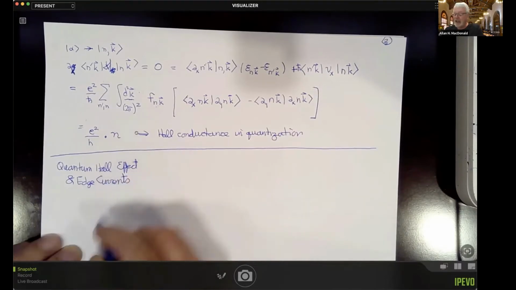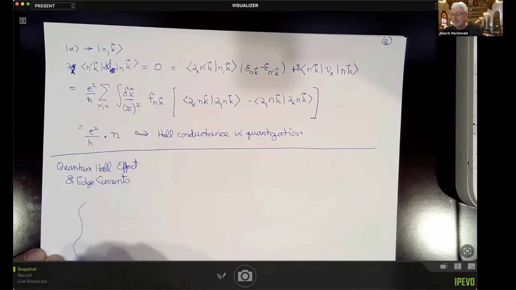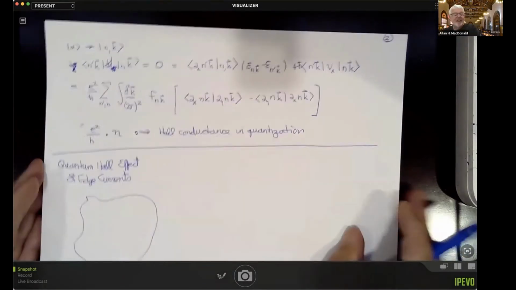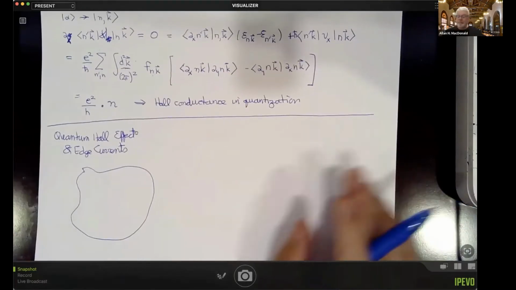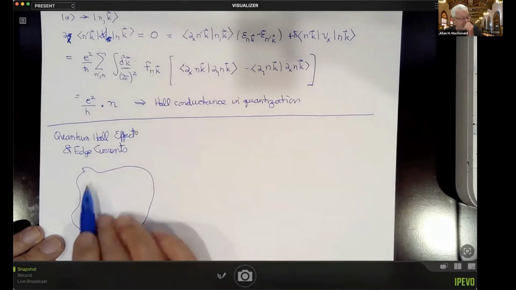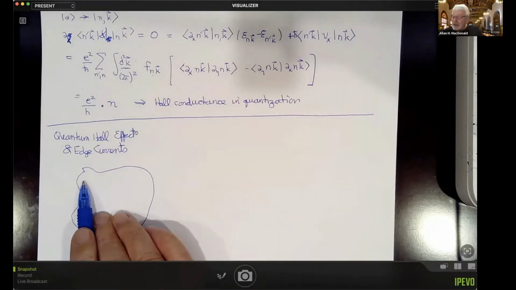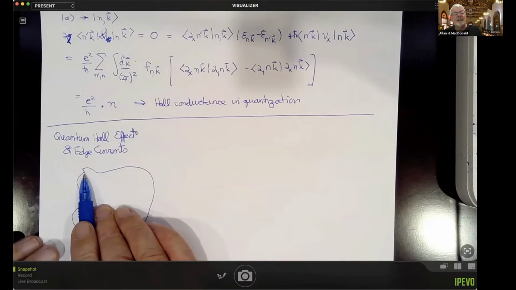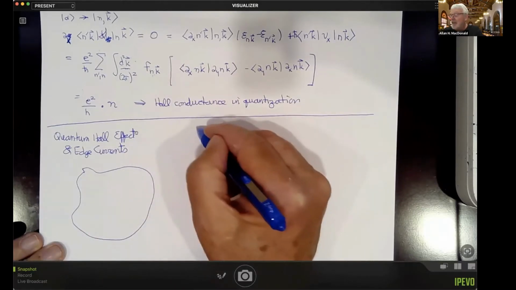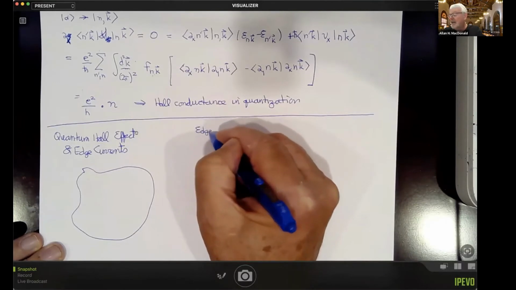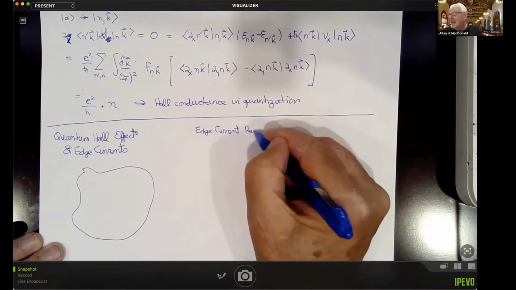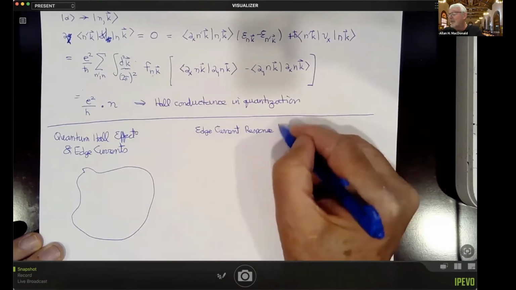So let's say I have a 2-dimensional electron system. It has a boundary somewhere, and I'm going to calculate the edge current response now to electric potential.